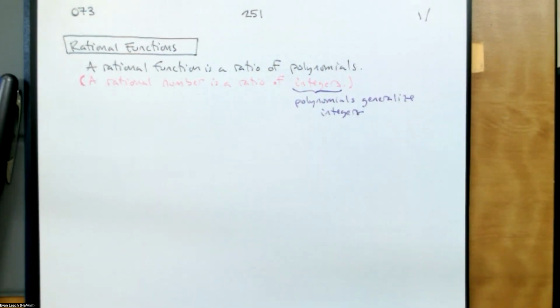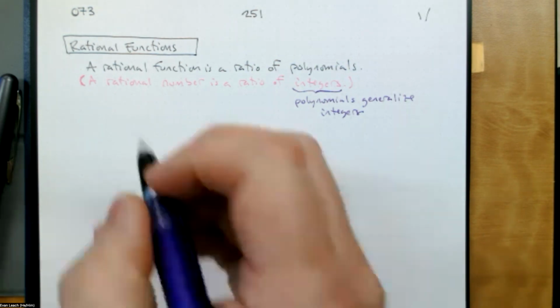The structure of an integer is the same structure that we see in polynomials. I probably should have said it the other way. Doesn't matter. Polynomials generalize integers, so the rational functions generalize rational numbers.